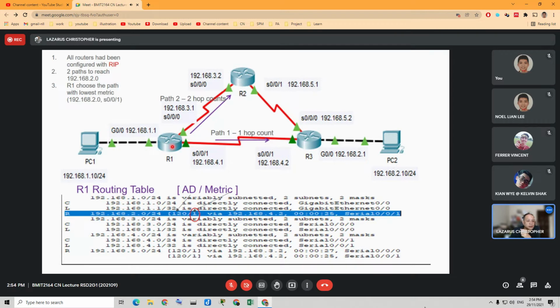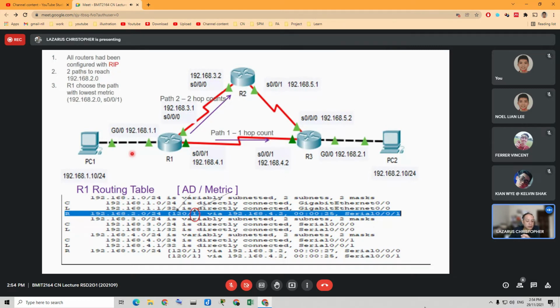Depending on the protocol, remember when you see the protocol being asked of you, then you know what kind of metric is used. So RIP, hop count. In this scenario, all routers have been configured with RIP.